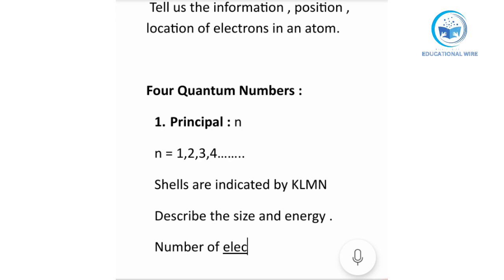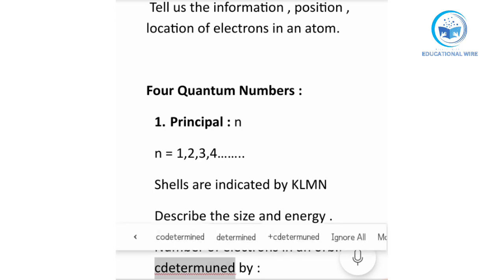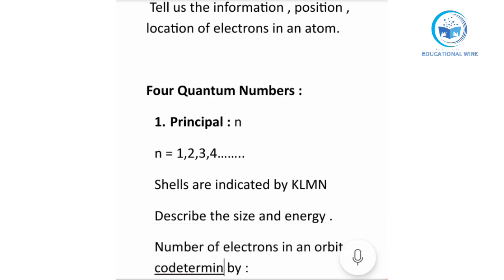number of electrons in an orbit, calculated or determined by one formula.